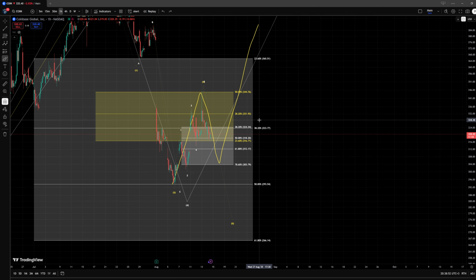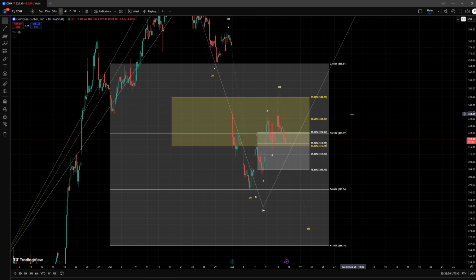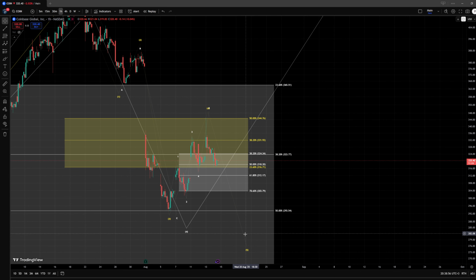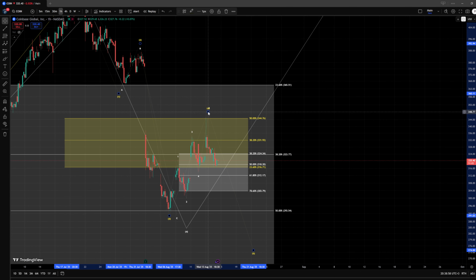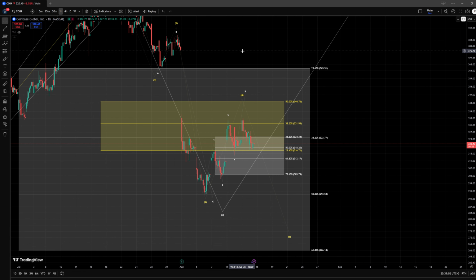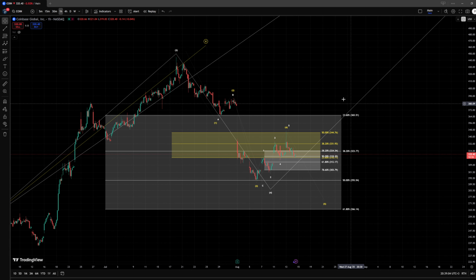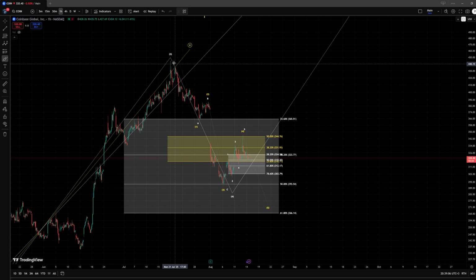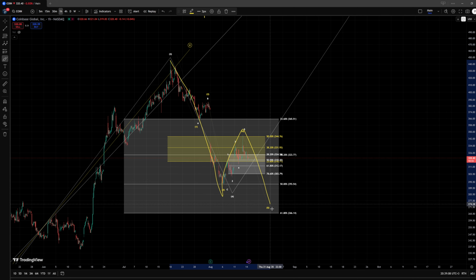So for now, I do want to warn of a lot of caution, because if we actually form 5 waves to the downside, the way that the structure forms them matters a lot, because it could devolve into an ABC rather.